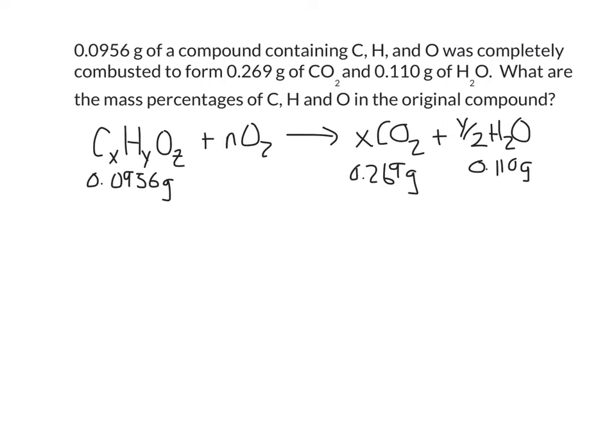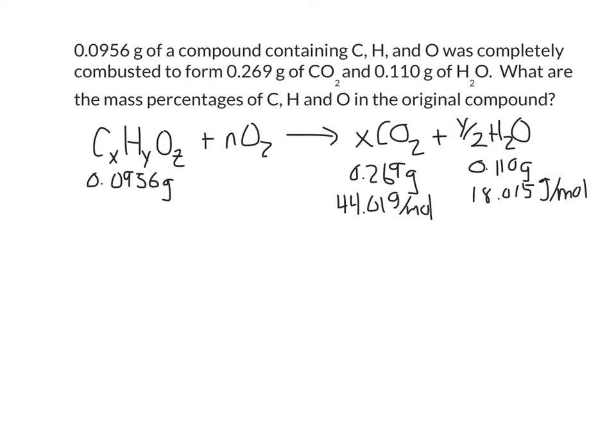So the CO2 has a molar mass of 44.01 grams per mole, and water has a molar mass of 18.015 grams per mole. And so I can use the mass and the molar mass to find the number of moles.